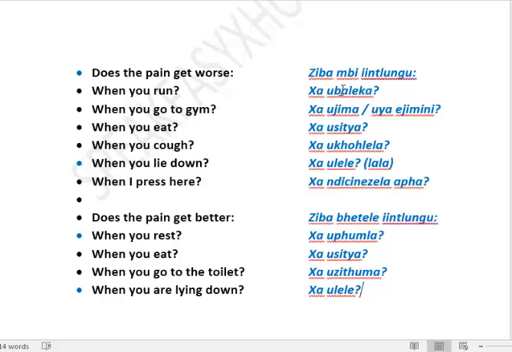So here we have the verbs baleka, run. Ya ejimini, go to the gym. Khohlela, cough. Lele, be lying down. Cinezela, press. Phumla, rest. Sitya, once more, eat. Zithuma, literally send yourself, go to the toilet. Lele, of course, lying down.